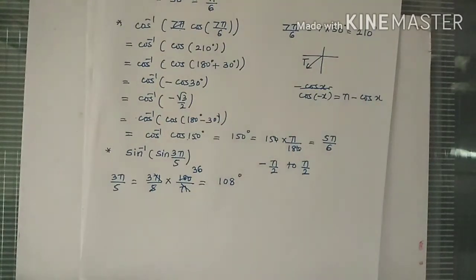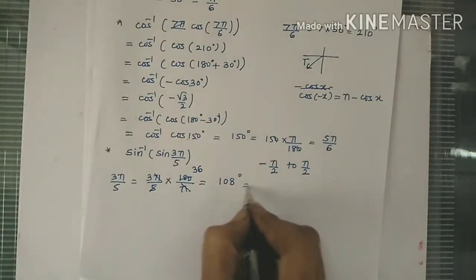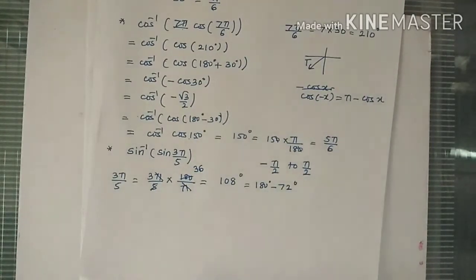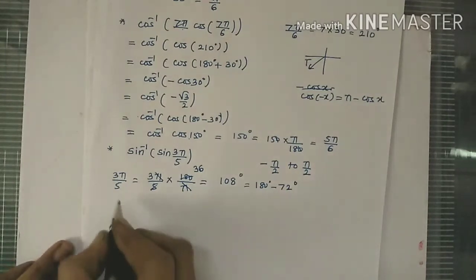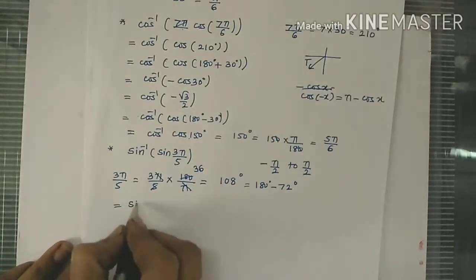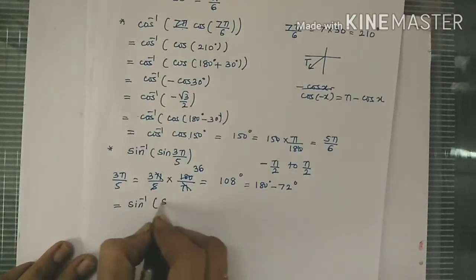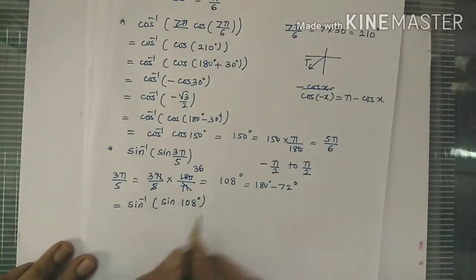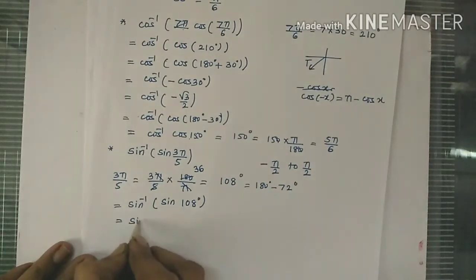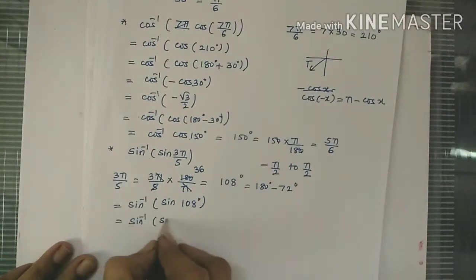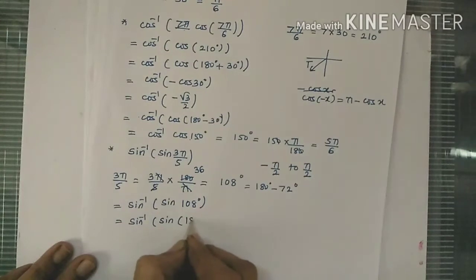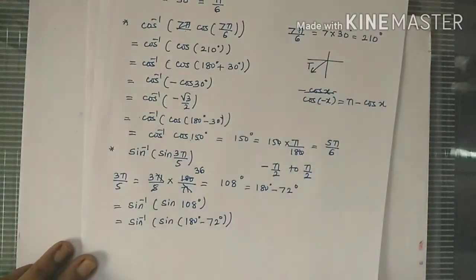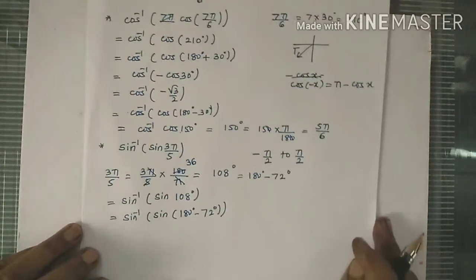Now 108 degrees, we can write as 180 degrees minus 72 degrees. So sine inverse of sine of 3 pi by 5 is 108 degrees, and 108 degrees can be written as 180 degrees minus 72 degrees. Now why are we taking it like this? Again the answer is the same.